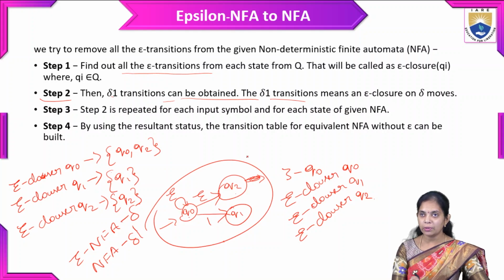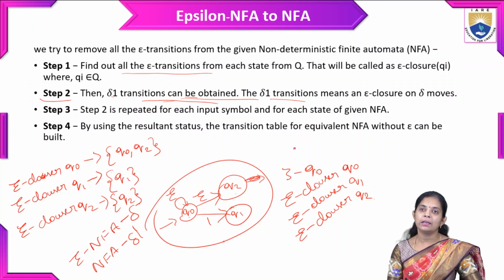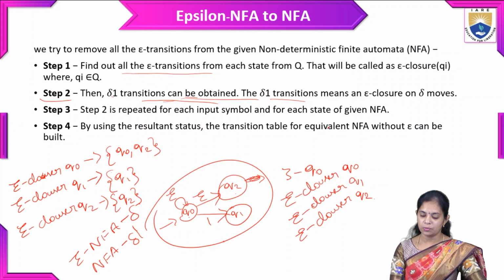Here delta 1 transition can be obtained: delta 1 transitions mean epsilon closure on delta moves.